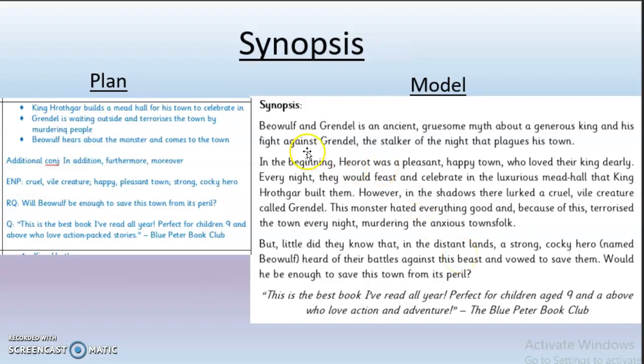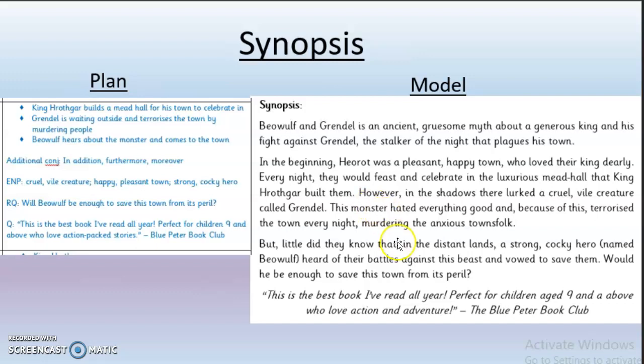Here we go. Beowulf and Grendel is an ancient, gruesome myth about a generous king and his fight against Grendel, the stalker of the night that plagues his town. In the beginning, Heorot was a pleasant, happy town who loved their king dearly. Every night they would feast and celebrate in the luxurious mead hall that King Hrothgar built them.